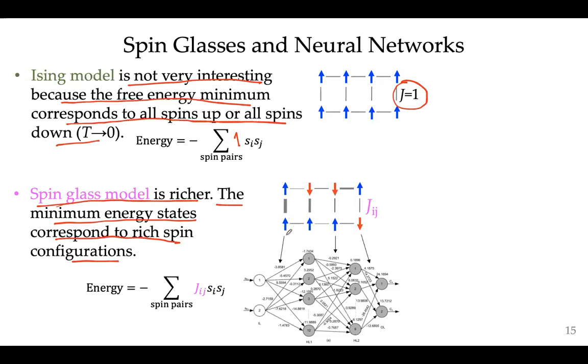And the analogy here is the spins are the final spins. When the system is in the minimum, when the free energy is minimized, the spins correspond to the weights in the trained neural networks.